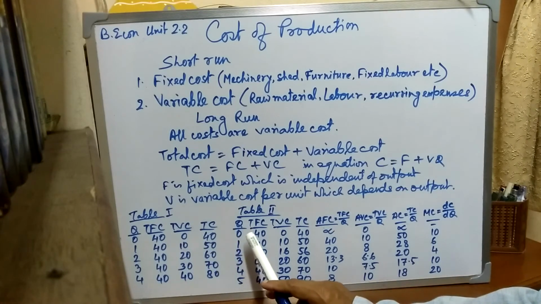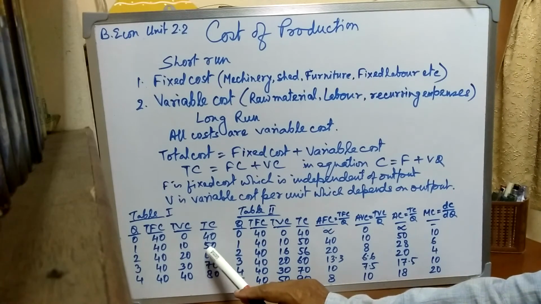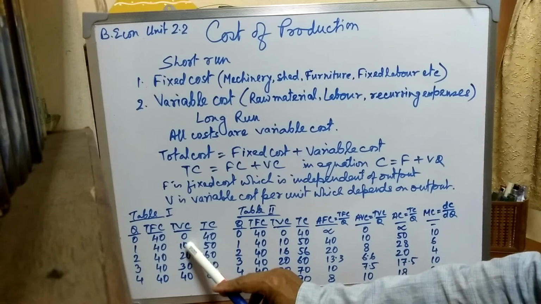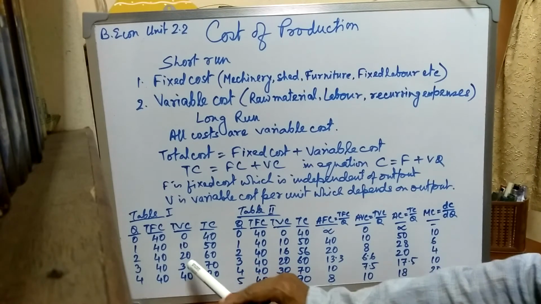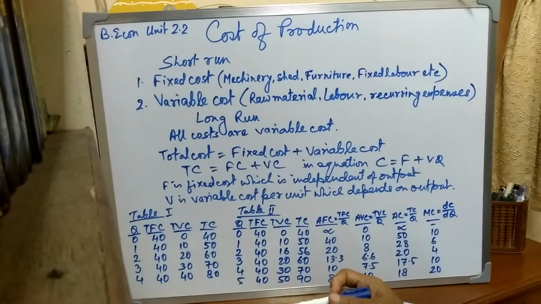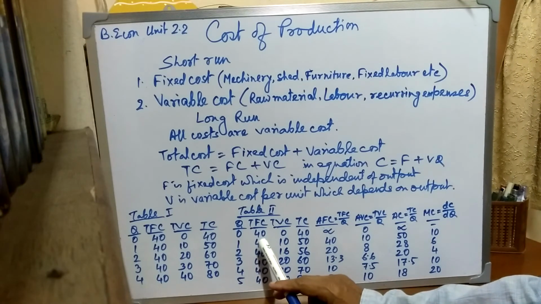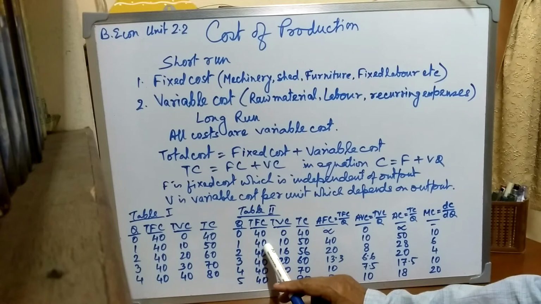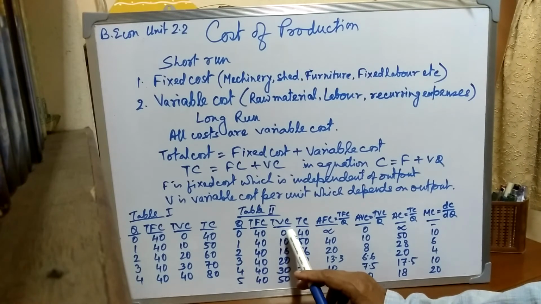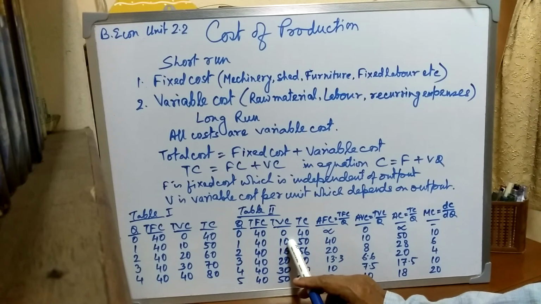In the initial stage, without any production, there will be a total cost of 40, because fixed cost is incurred already. But in normal cases, total variable cost isn't like this. It will not be constant per unit. It will also vary. In that case, fixed cost will remain 40, 40, 40, 40. But variable cost for the first unit will be 10.